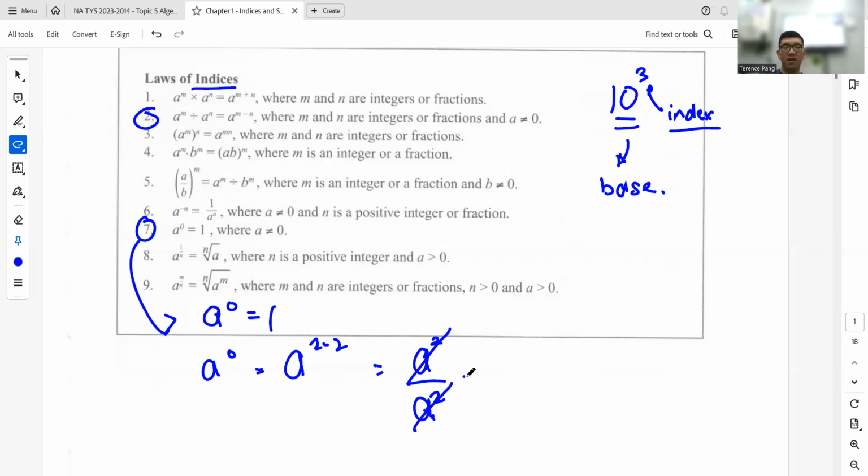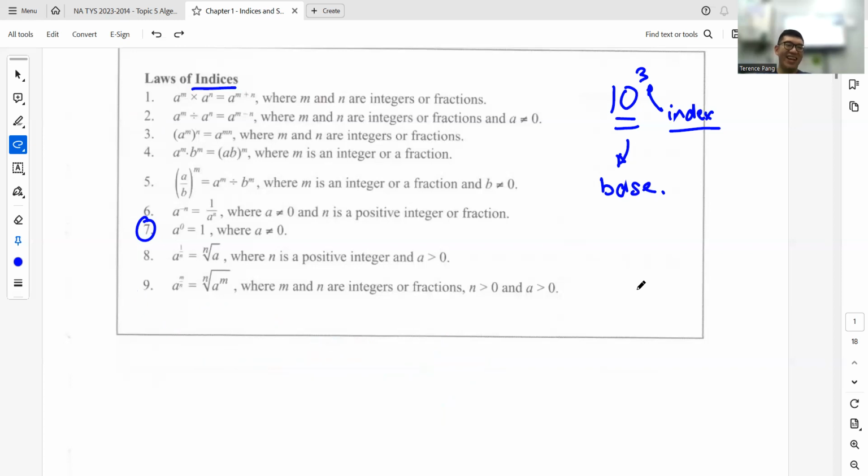And if you cancel it out, you get 1. So that's law number 7, and it's a very common question that comes out. Be aware. All right, we're almost at the end, so hang in there.